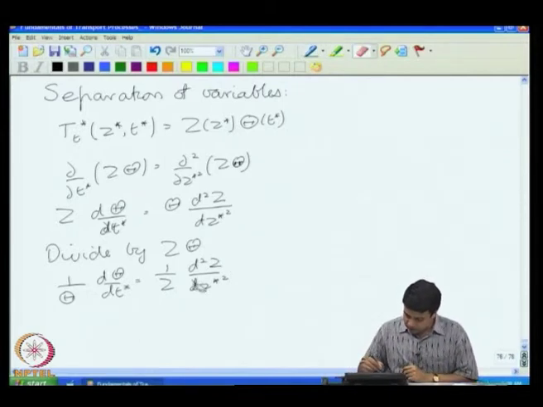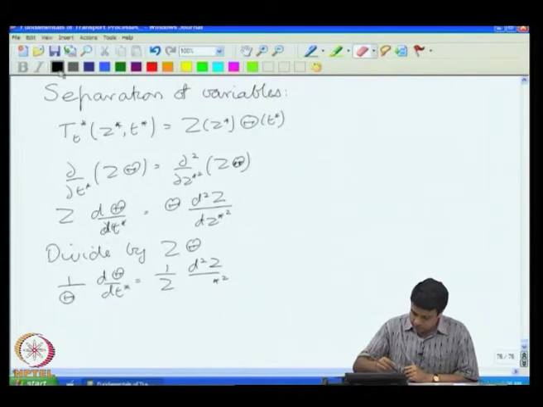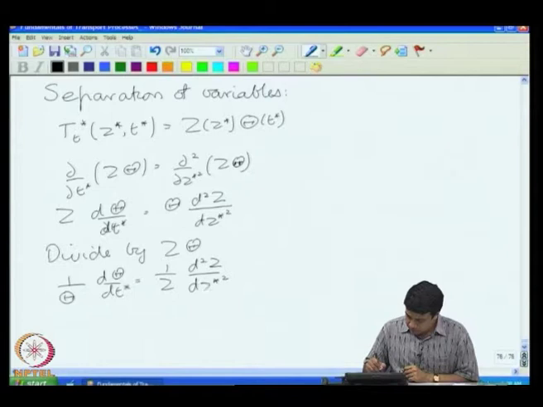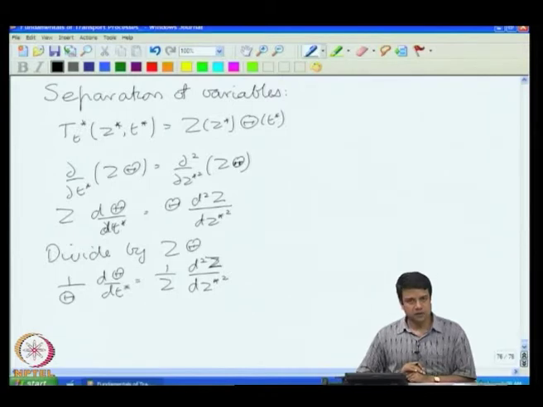Now, in this equation, the left hand side is only a function of time and the right hand side is only a function of z. That means that both of these are equal to constants.